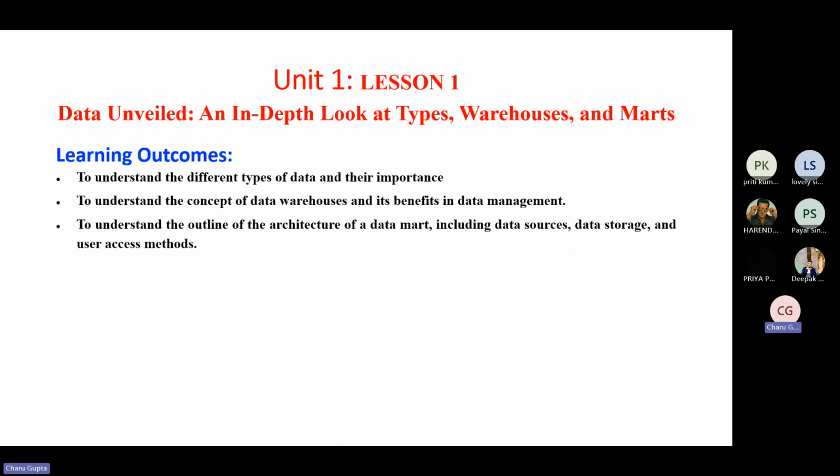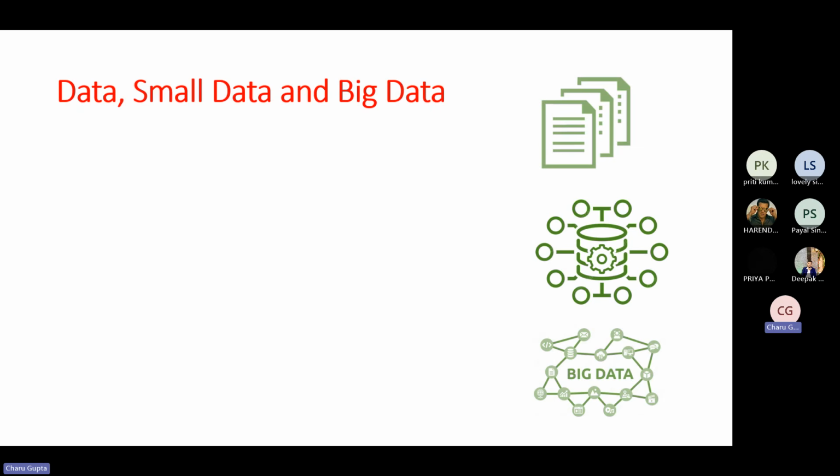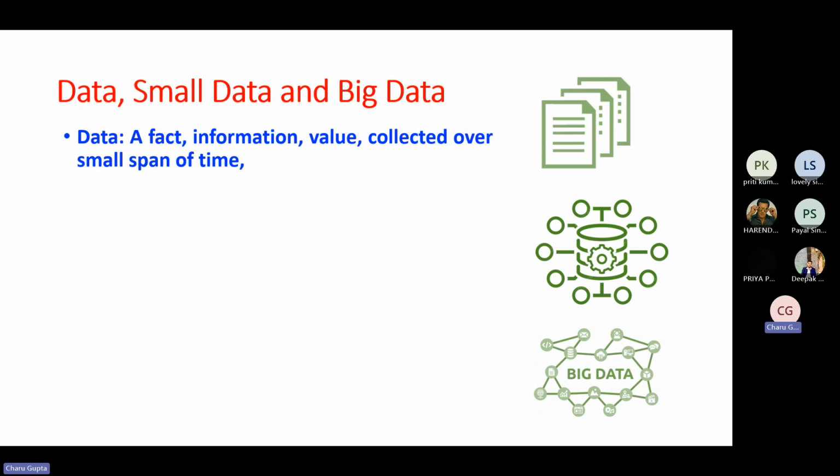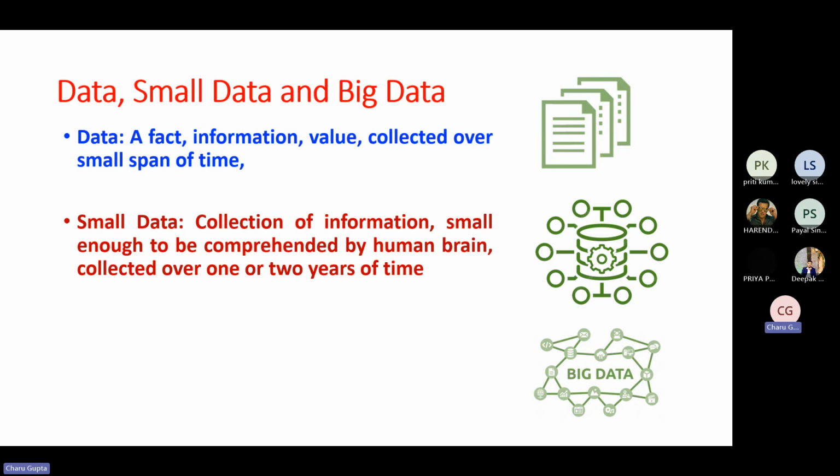So let's start with what type of data it is and what their importance is. Any information, any fact that has been collected over a small span of time is called data. And that data, if it can be comprehended by the human brain, that is collected over 1 or 2 years, is called small data.